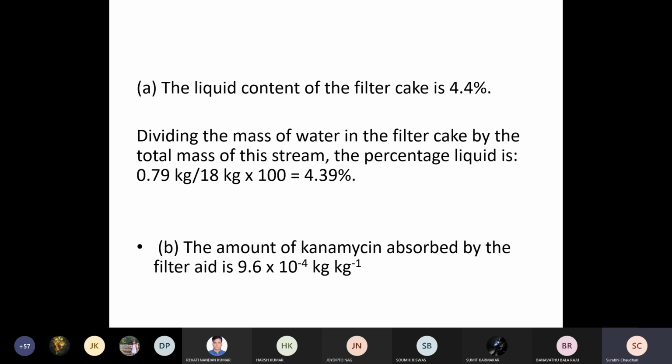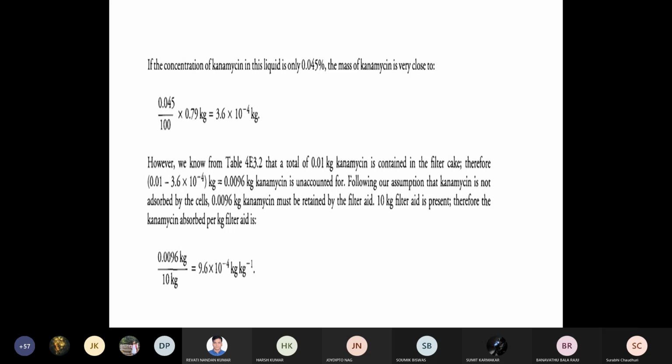Second part is the amount of kanamycin absorbed by the filter aid. How do we calculate that? Now concentration of kanamycin in the filter cake liquid is 0.045%. And the liquid is 0.79 kg.